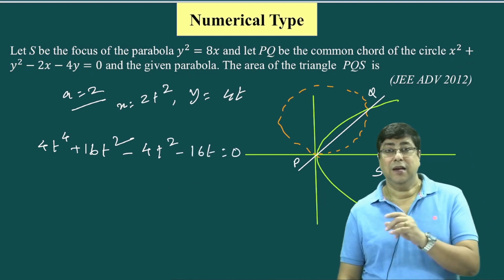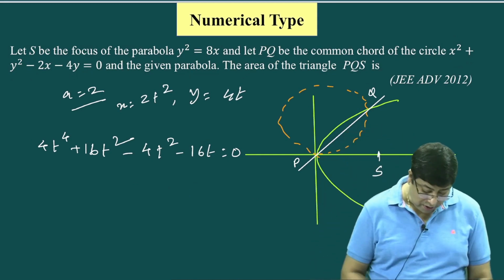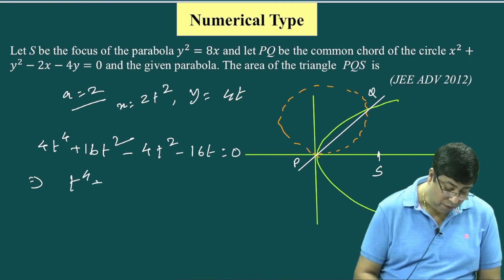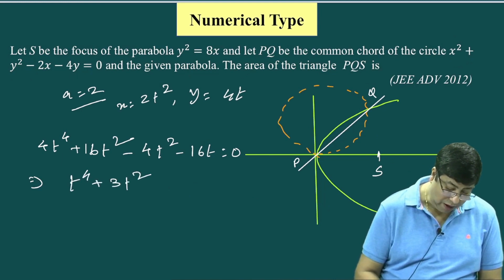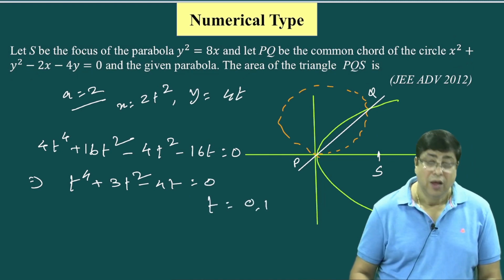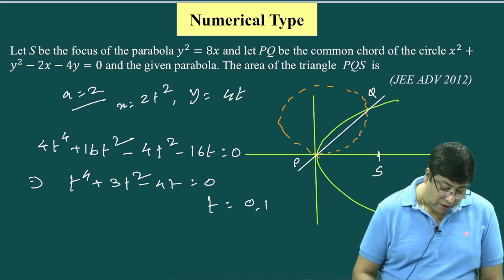Notice that the circle is passing through the origin because there is no constant. Now if we solve, we get t to the power 4 plus 3t square minus 4t equal to 0. Now just solve it, t equal to 0 and 1. Now we are getting the points.